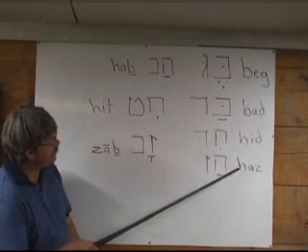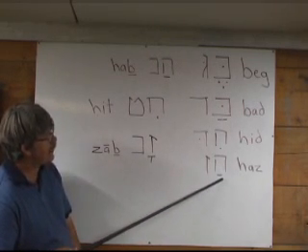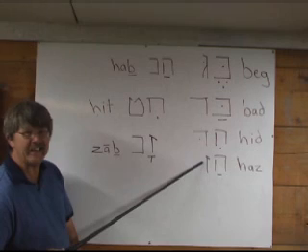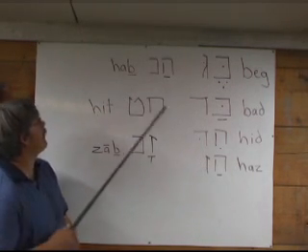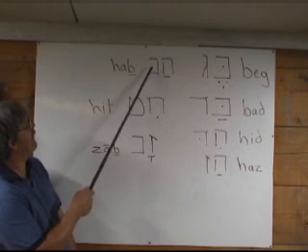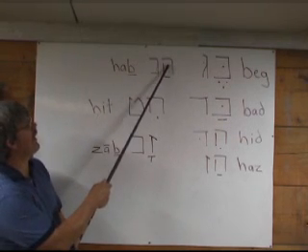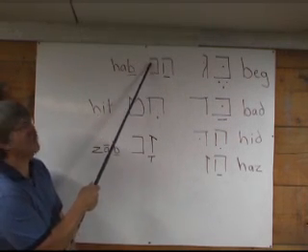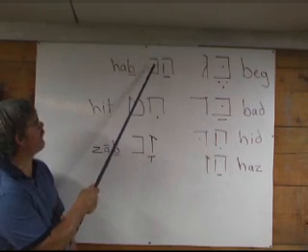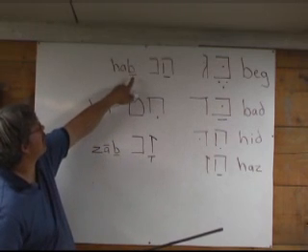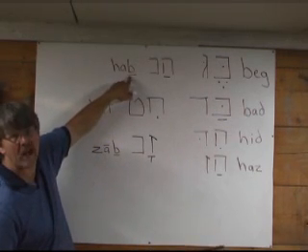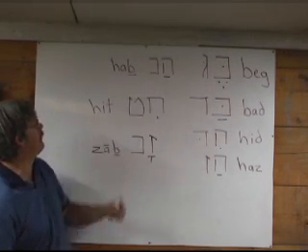On the next one, hay, patak, and zayin is has. See that? On this one, this is have. H-A-V. Remember, the bait without the dagesh is pronounced as V, but it's transliterated with a B with a line under it. So this is hav.